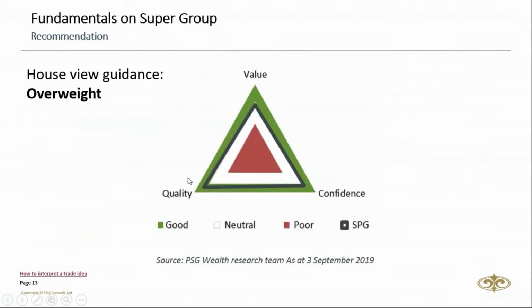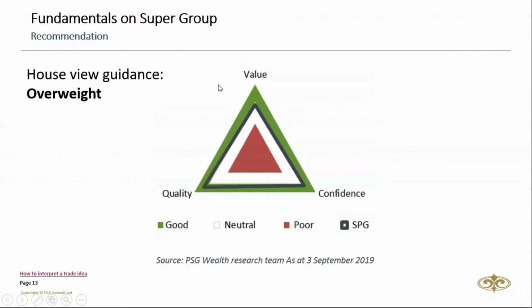You'll come across in the investment idea this little image of a triangle. Bottom line, green is good, white is neutral, red is poor, and the black is the actual share. The ideal share you want to buy into is when this graph makes a perfect triangle. And the closer into the green, the better.